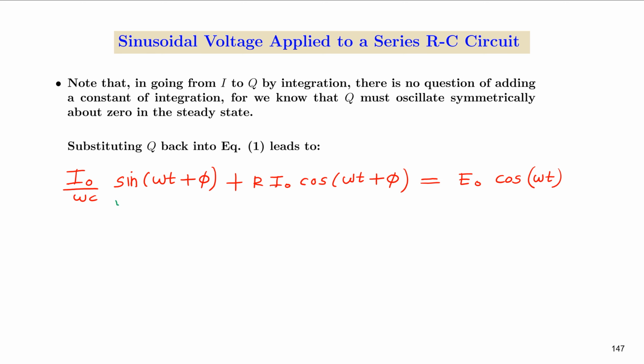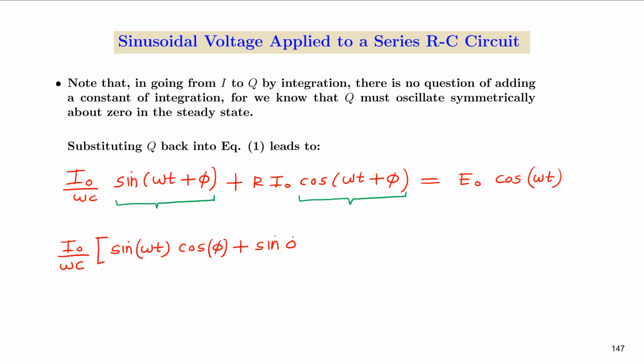As we have done in the previous analysis, we have to expand sine(omega t plus phi) and cos(omega t plus phi), and that will give us I0 by omega C, then sine of omega t multiplied by cos of phi plus sine phi, then cos of omega t.